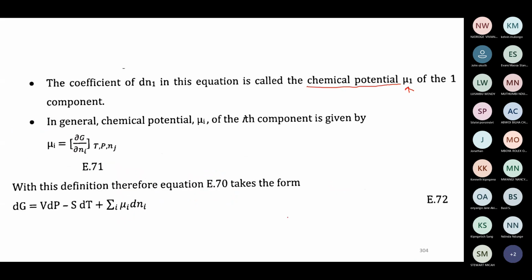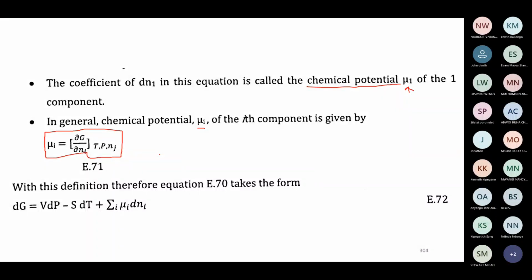So this is called the chemical potential for that particular component. In general, for the ith component, mu i is given by this expression here: the change in the Gibbs free energy with respect to the composition of that component, keeping temperature, pressure, and all other compositions constant. Okay.